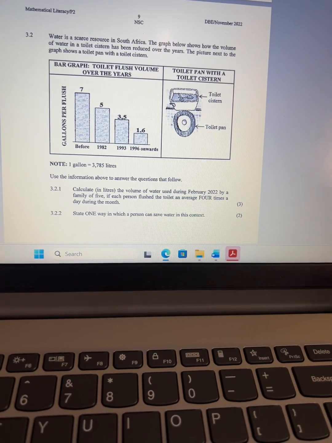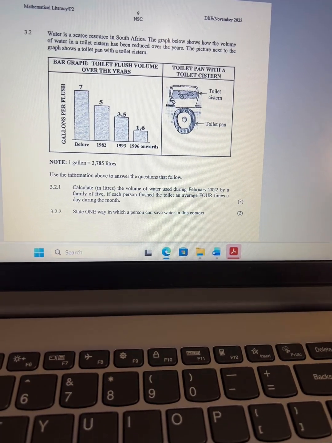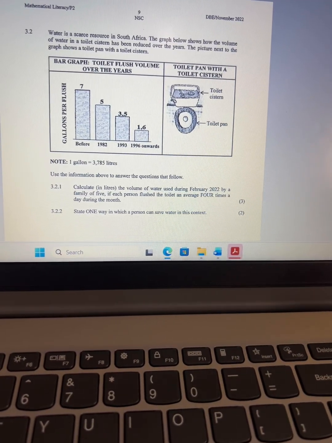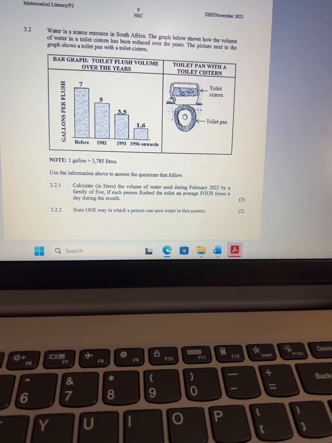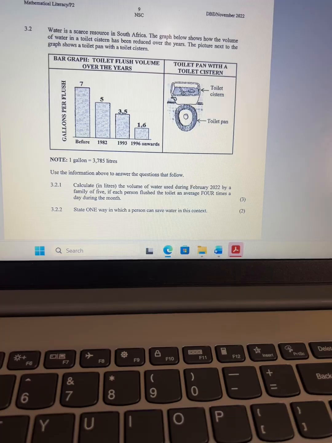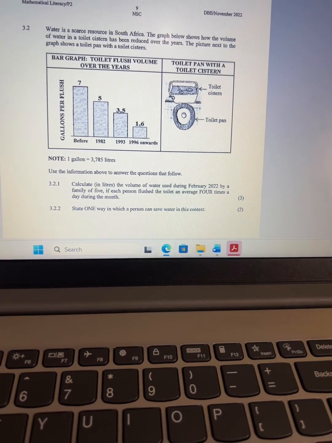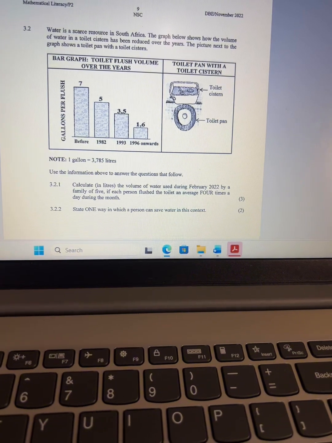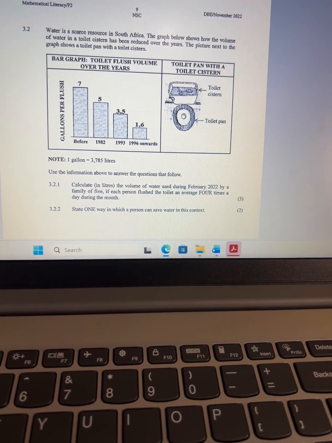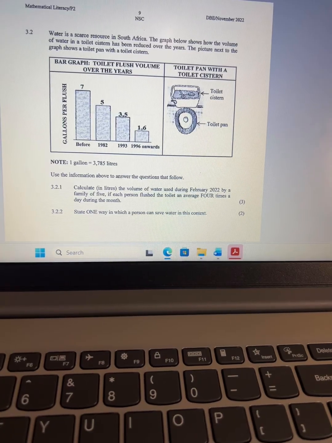And then they said that we have the toilet flush volume over the years, the gallons per flush. Before it was 7, then in 1982 it was 5, in 1993 it was 3.5, and then 1996 onwards. It means 2002 is falling under onwards, meaning that we are going to use that 1.6.